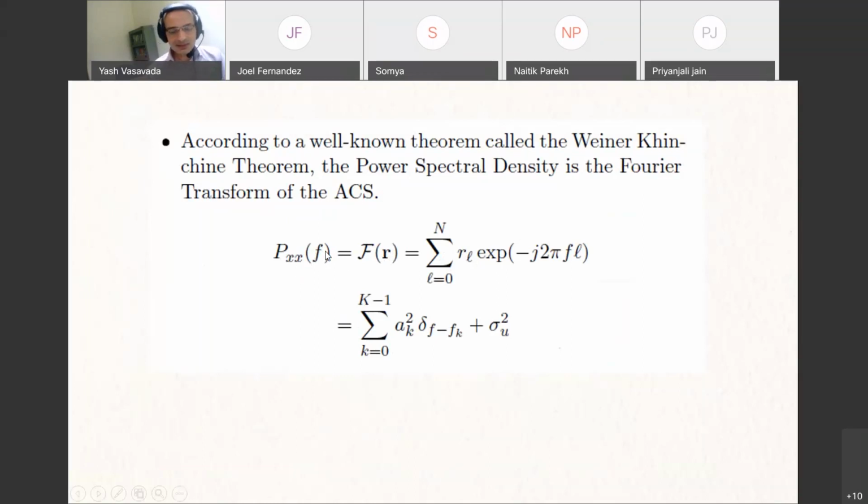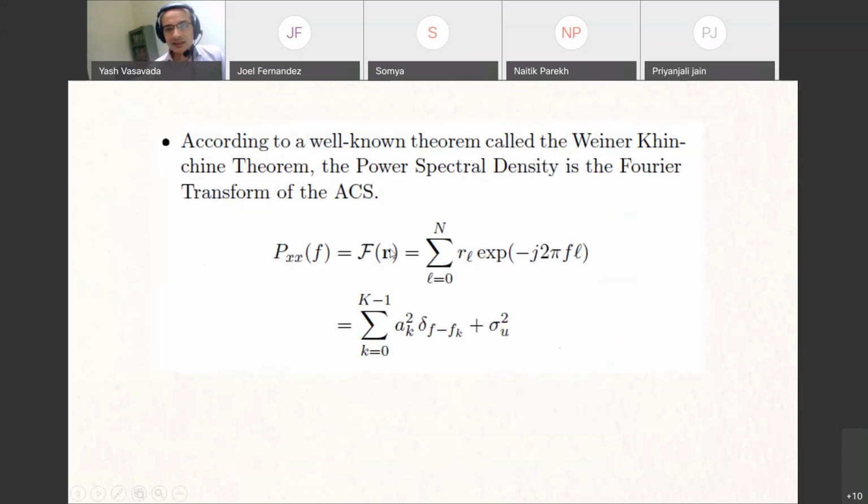So that is the subtlety here that you'll have to get your arms around. But if this R was not a statistical entity, if it was not the ACS, the autocorrelation sequence, if it was just some regular deterministic time domain signal, then this L would be the time domain index. It would actually be n. And then when I take the Fourier transformation, I'll get the Fourier transform as a function of frequency.